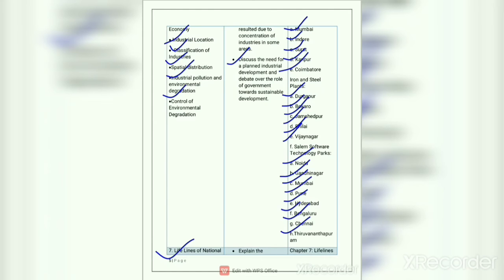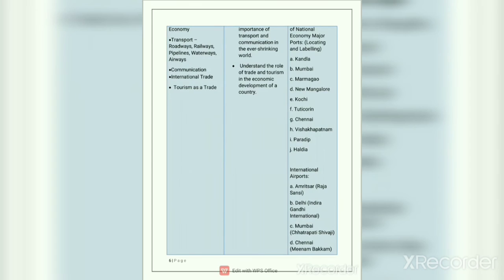So from this chapter you should do the following subpoints. Transport, and you should study about the various modes of transport. Then you have communication, international trade, tourism as a trade.